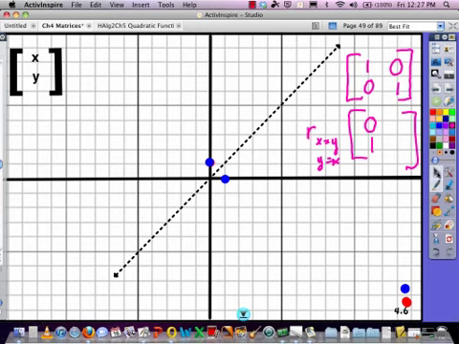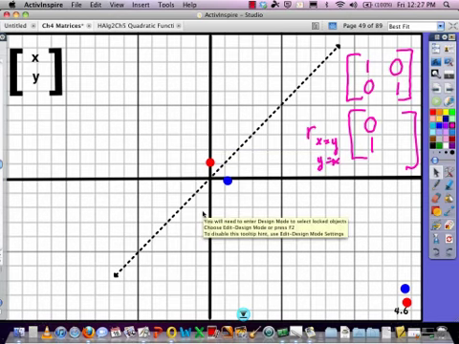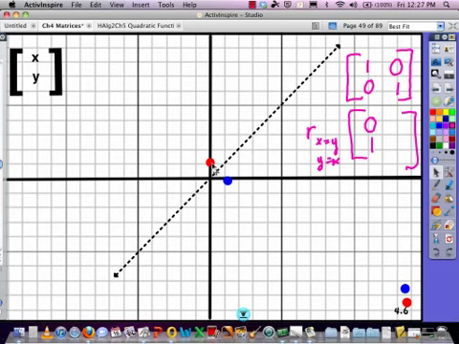And if we take our point 0, 1, and reflect it over that line, it goes here.